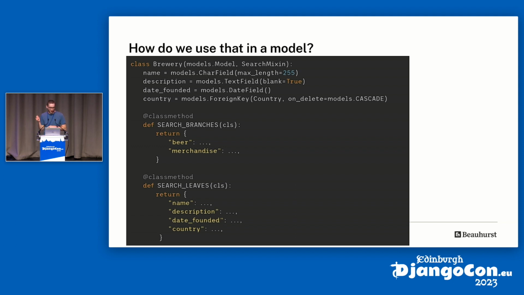Beer and merchandise aren't defined as foreign keys on the brewery model, but they have foreign keys pointing to brewery. The name that we use on the left-hand side is how we will chain in our ORM queries that we're going to generate a little bit later on. I think that's all I've got to say on this one.